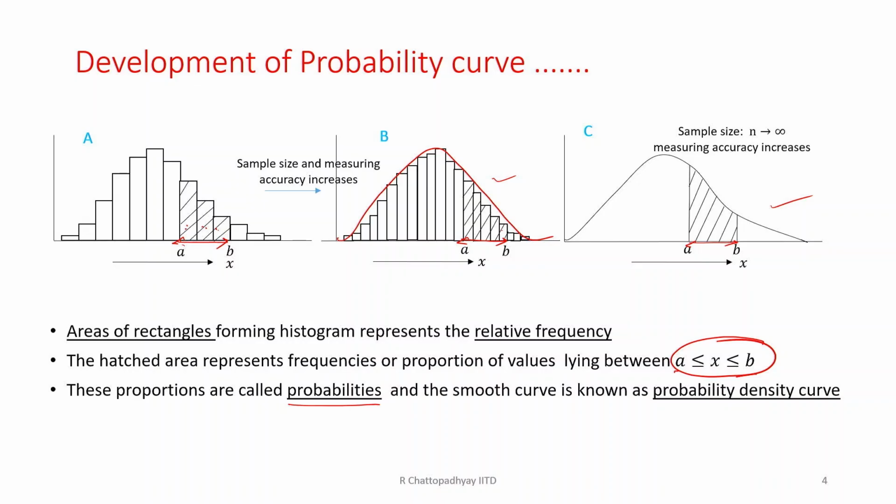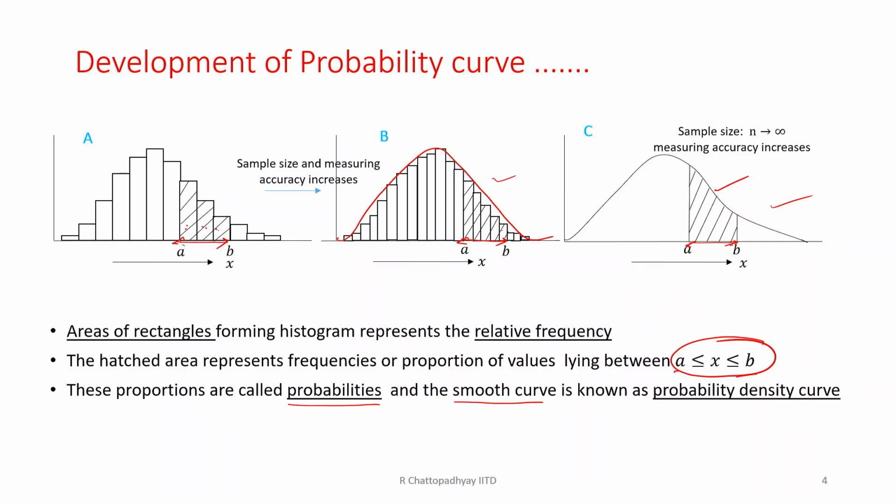So probability is basically the area of the rectangles in the case of a histogram, and when it comes to a smooth curve, we need to know the area under the curve between A to B, and for that we need to know the equation of this curve.